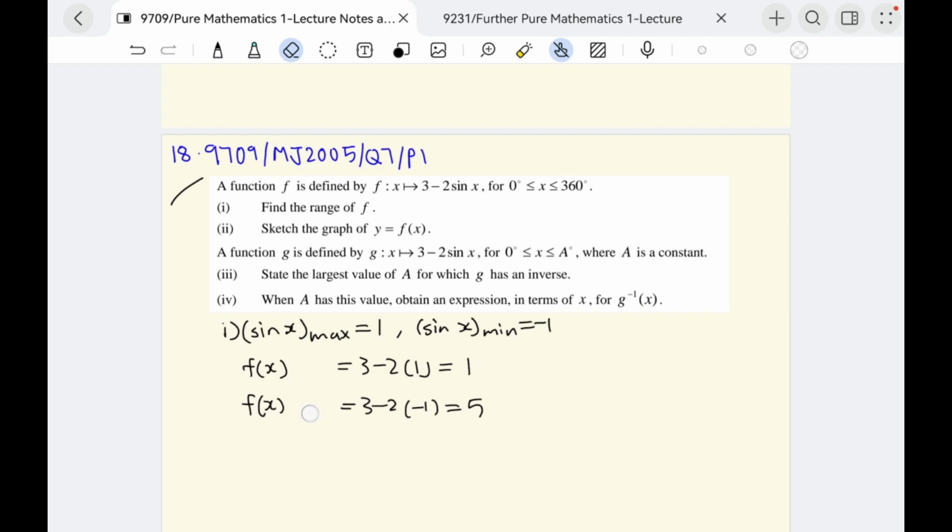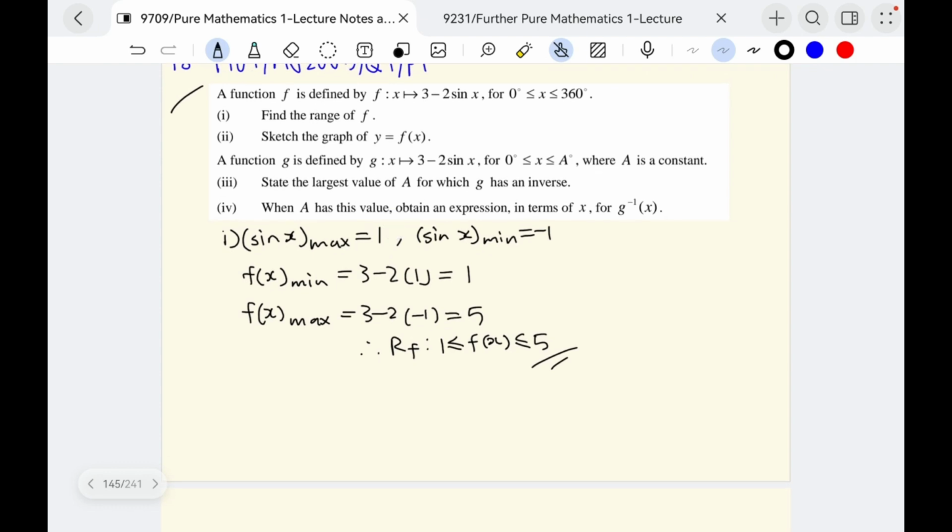So it is upside down because of the -2 there, which means the maximum becomes minimum and the minimum becomes maximum. Both are swapped. So this is the minimum, meanwhile this is the maximum. So just put that the range of f is from 1 to 5. That's all. Okay?